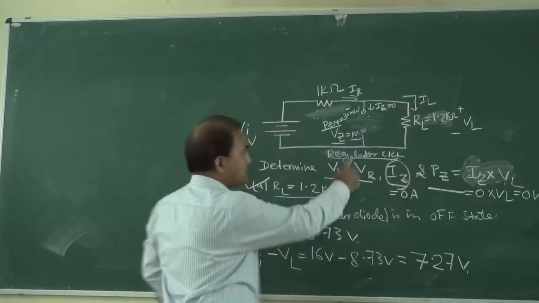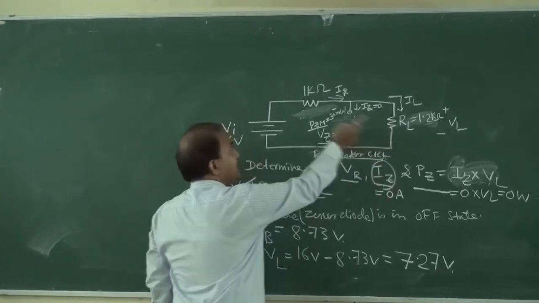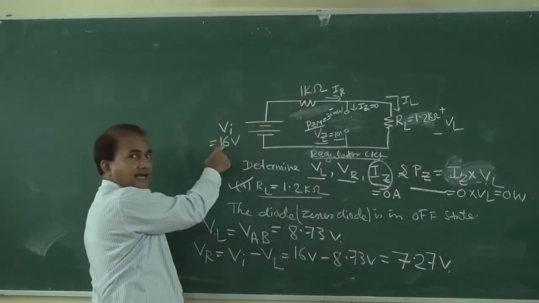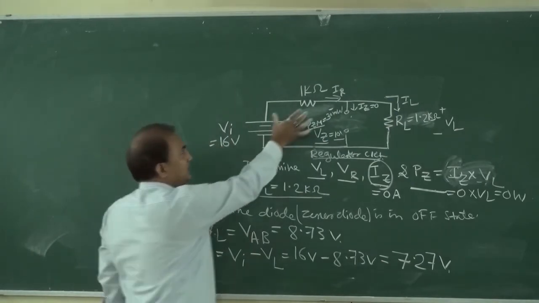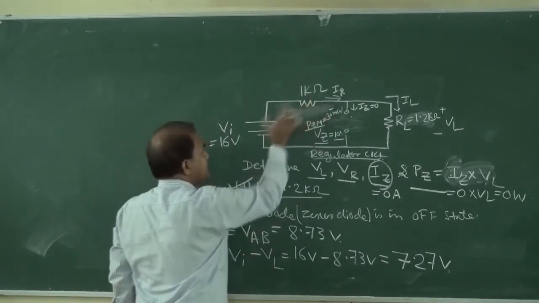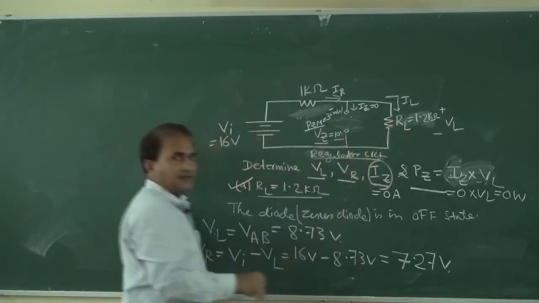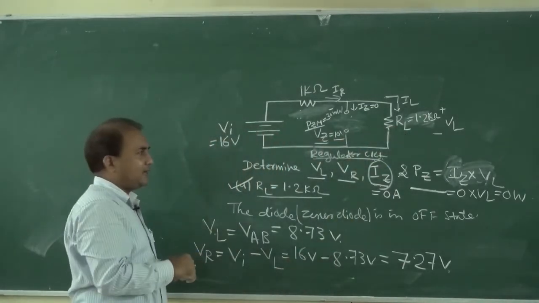So the voltage drop across RL is equal to RL divided by RL plus R, into VI, and the voltage drop across R is equal to this voltage minus this voltage. Okay, so in this way we can calculate.